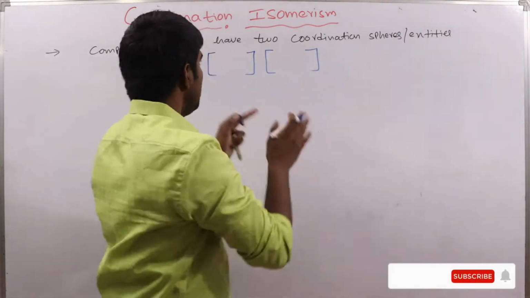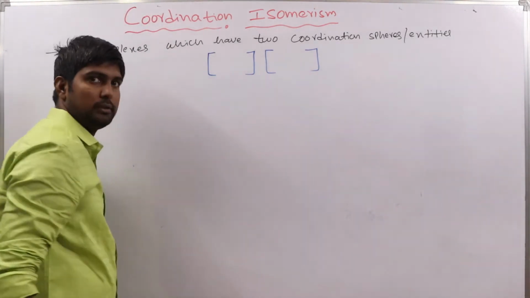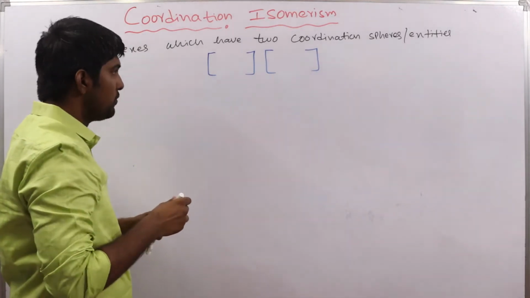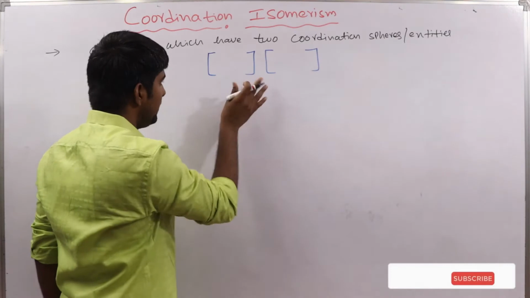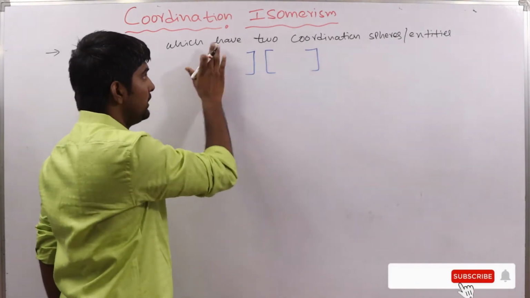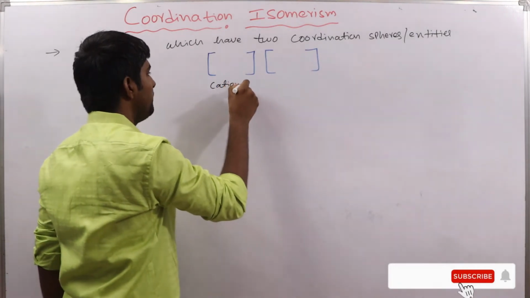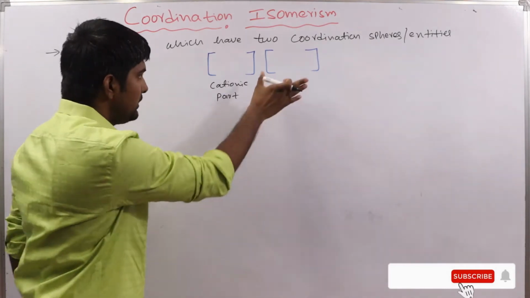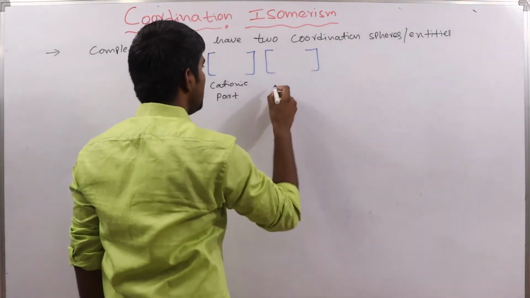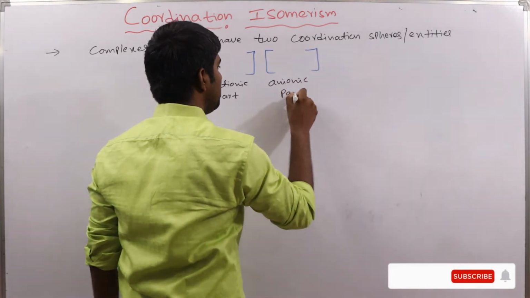So now see the complexes which have two coordination spheres. In this type of complexes, this left side coordination sphere is considered as the cationic part, and this right side coordination sphere is considered as the anionic part.